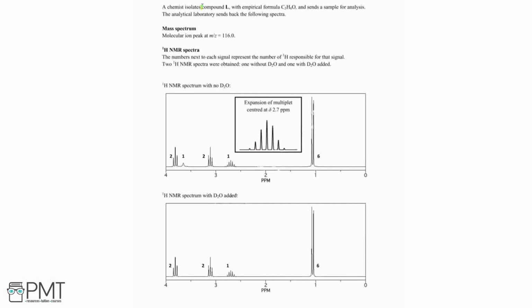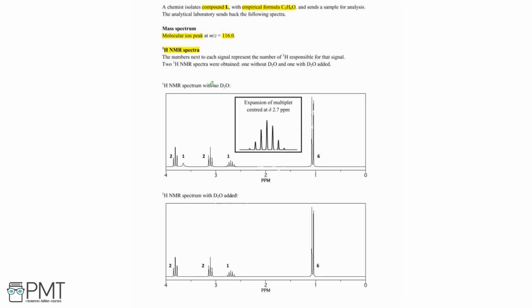A chemist isolates compound L with an empirical formula of C3H6O and sends a sample for analysis. The analytical laboratory sends back the following spectra. So we've been told that we have a mass spectrum with a molecular ion peak at mass over charge ratio 116.0, and we're given some proton NMR spectra.